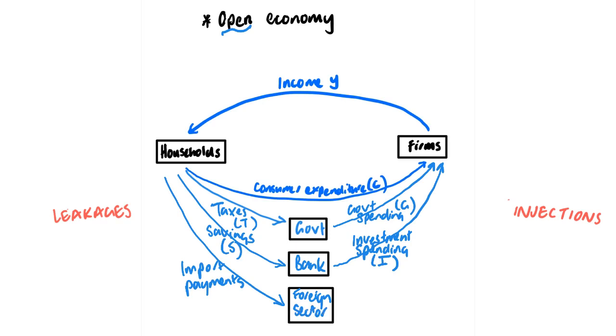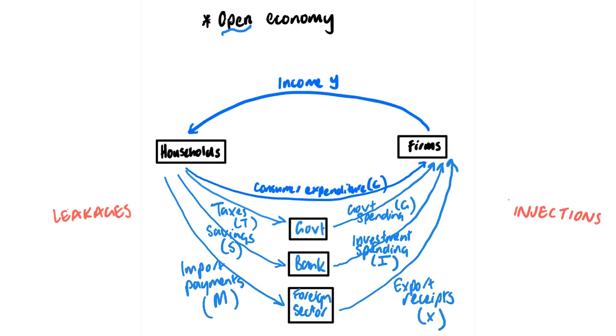But on the flip side of that, some of the goods which have been produced within the country are also exported to consumers in other countries. Okay, so we also have our export receipts as another example of injections. Import payments, capital M, export receipts, capital X.